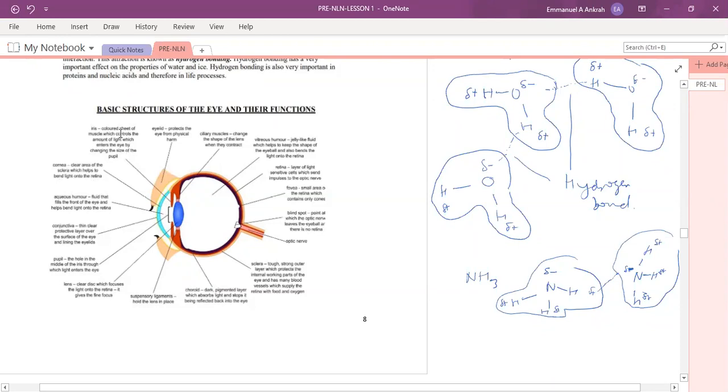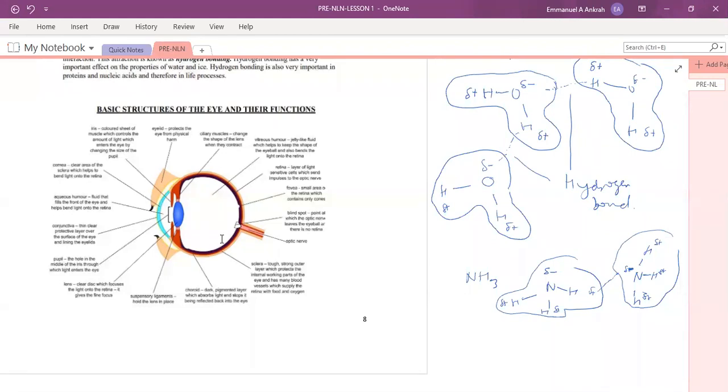Then the iris. The iris here is the colored part. It's a colored sheet of muscle which controls the size of the pupil, so it controls how much light enters the eye. So that's the iris, controlling the size of the pupil. If somebody moves from a dark room to a bright room, the pupil would constrict and become narrow, so that it reduces the amount of light entering.